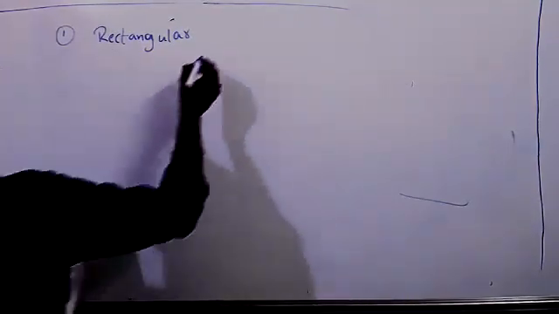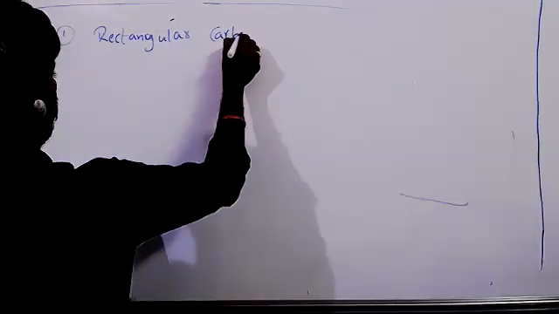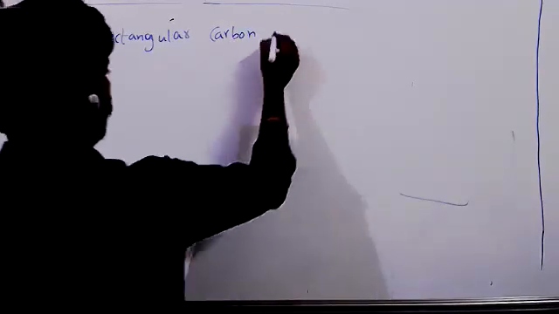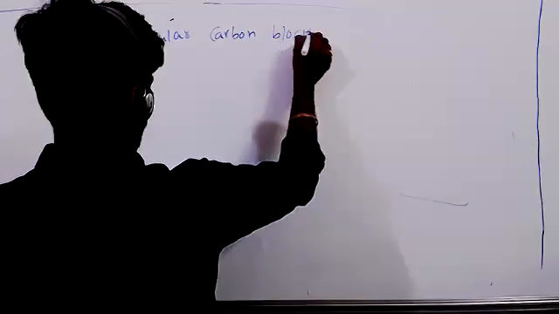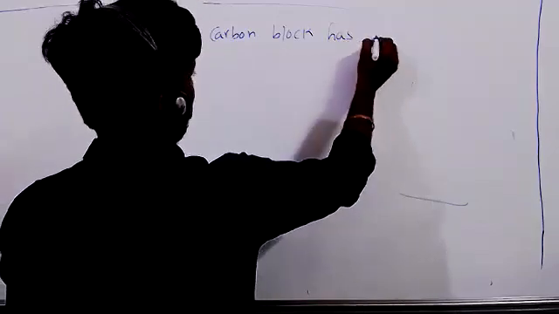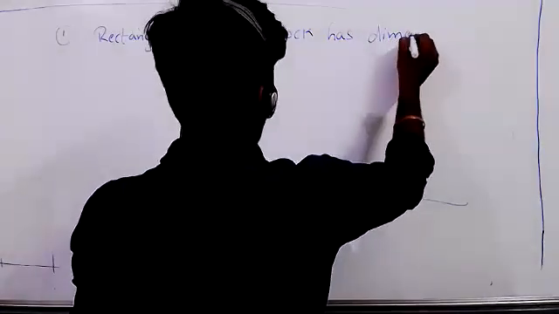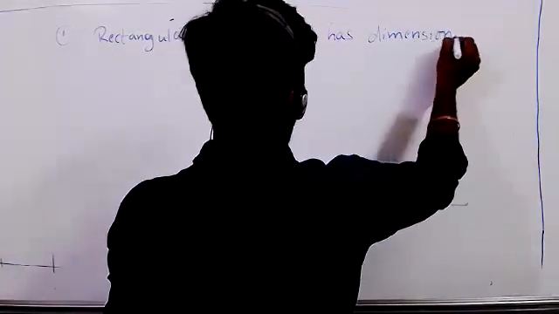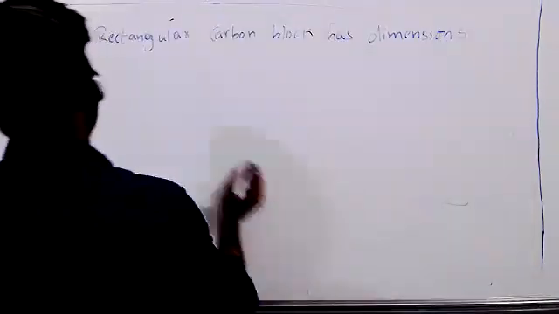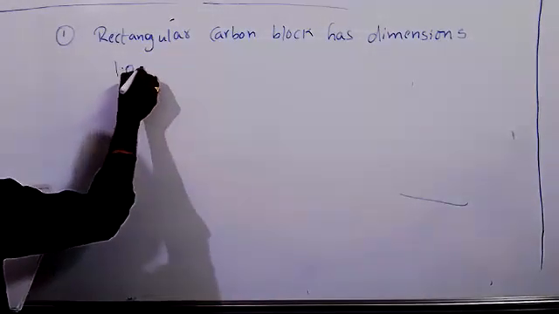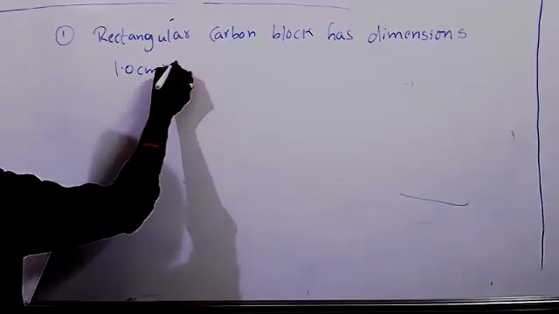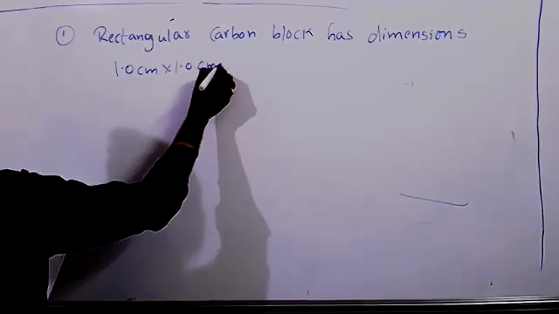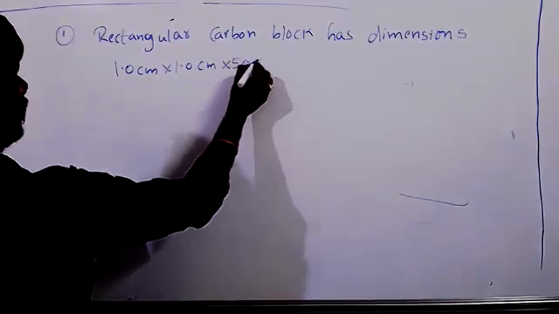A rectangular carbon block has dimensions 1.0 centimeter into 1.0 centimeter into 50 centimeter.